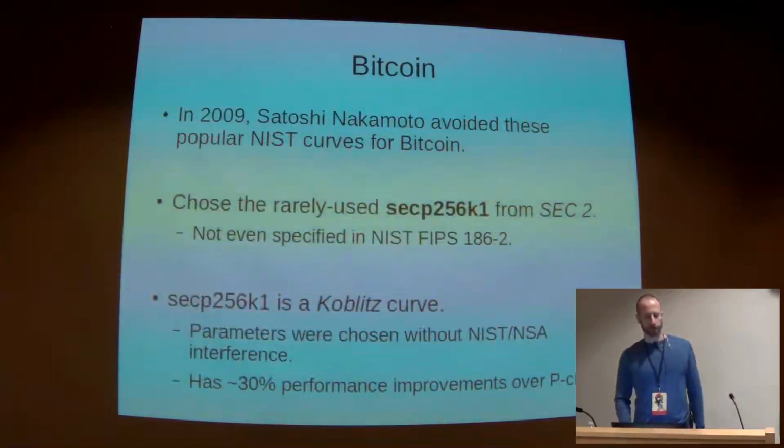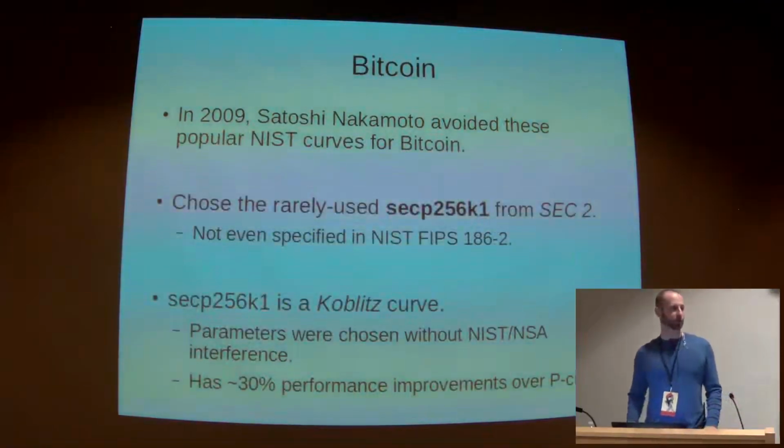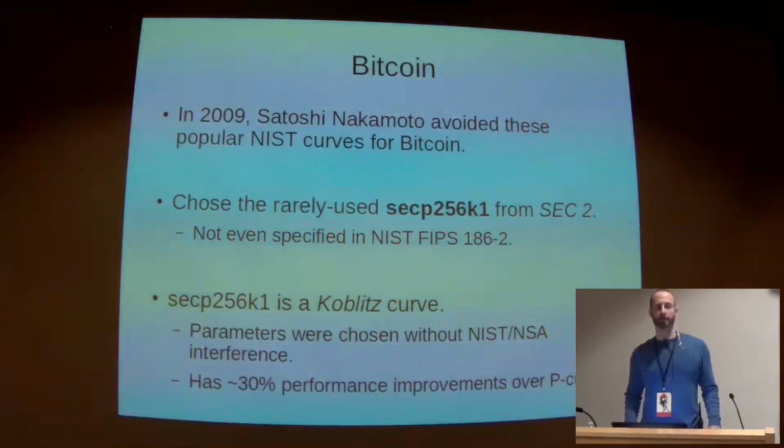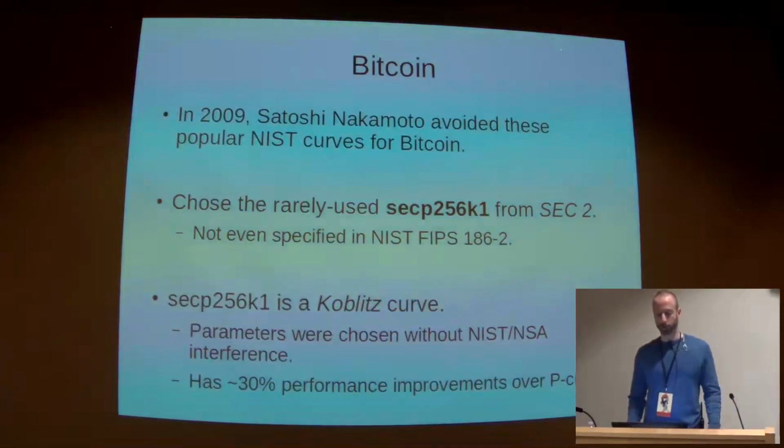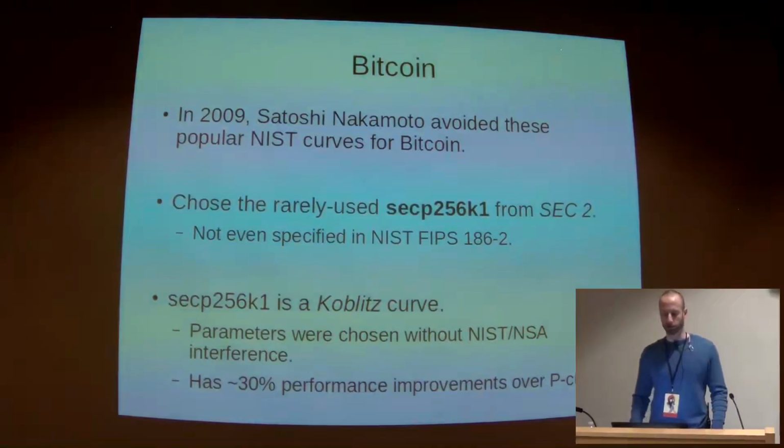A little bit of an aside: if you know anything about Bitcoin, you'll know that it's heavily based on ECDSA. The system designers, instead of using the P curves, were suspicious, I guess, because they picked secp256k1. It's one of the Koblitz curves.